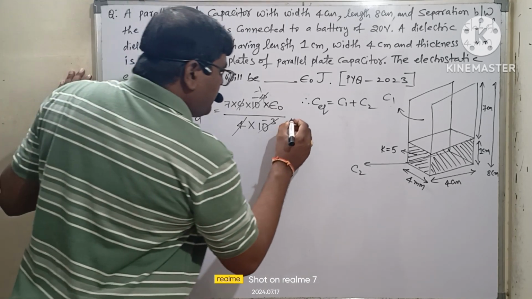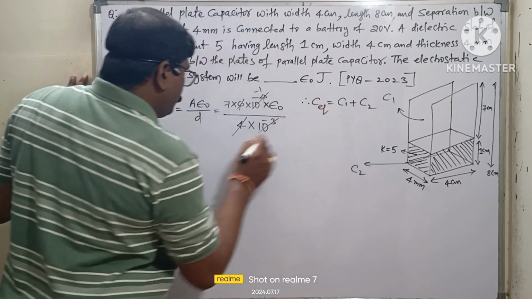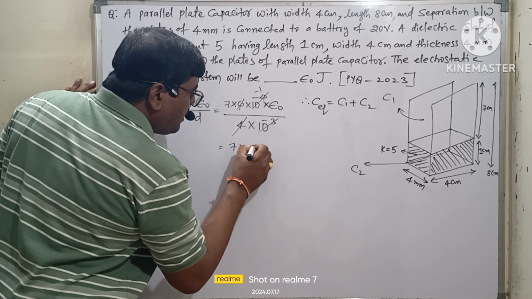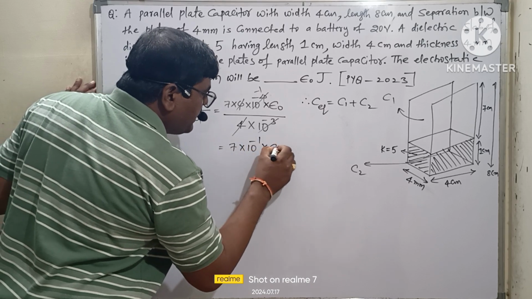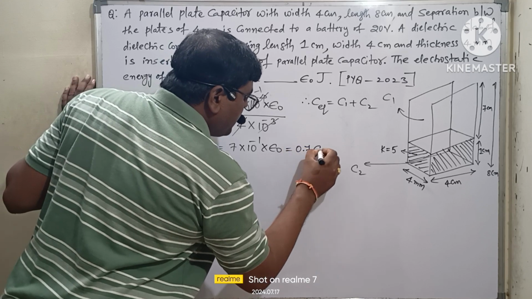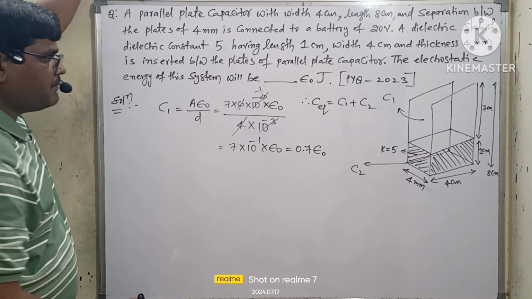Finally we get 7 into 10 to the power of minus 1 into epsilon naught, which is 0.7 epsilon naught. This is C1.